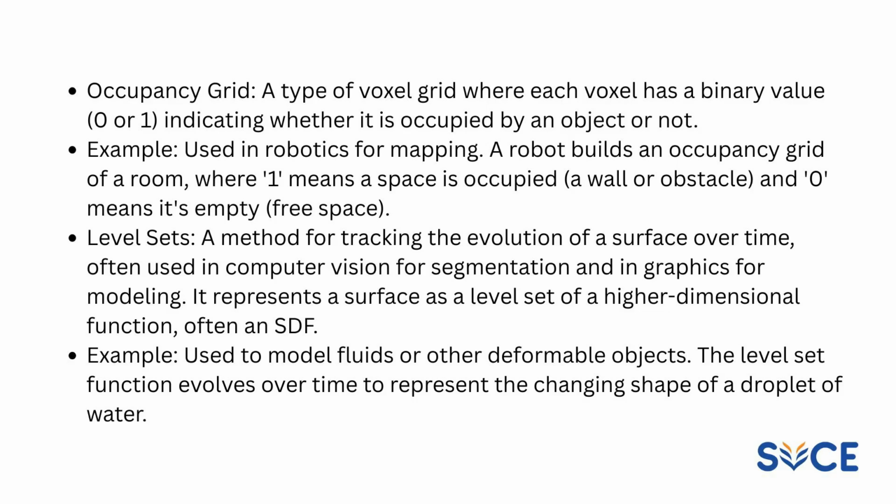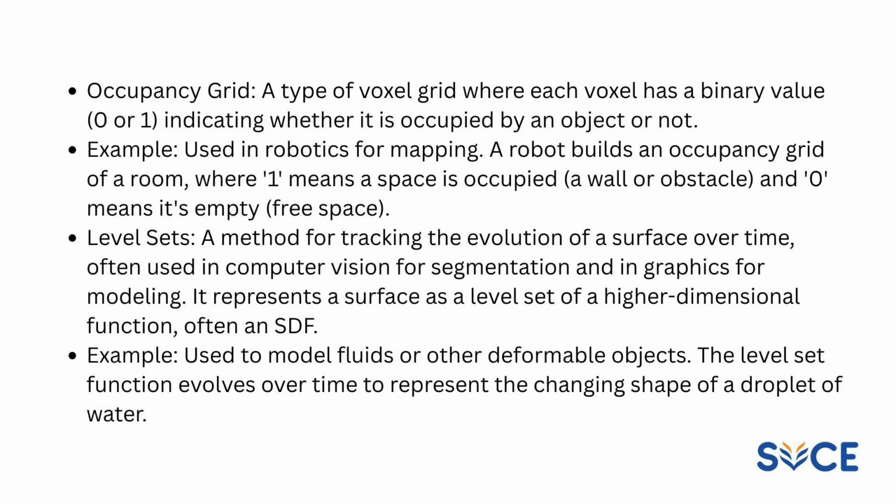A robot does not always need fine surface detail. They just need to know where the obstacles are, to be avoided, or the collisions. For example, a robot vacuum cleaner builds an occupancy grid of your living room.